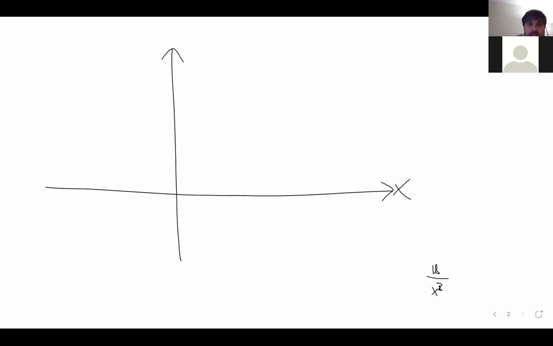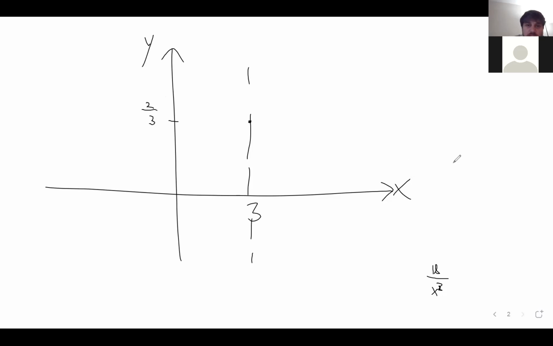I'm writing that on the side so I don't forget. And so when x is equal to 3, you have the height of 18 over 3 cubed, which is 18 over 27, which is 2/3.